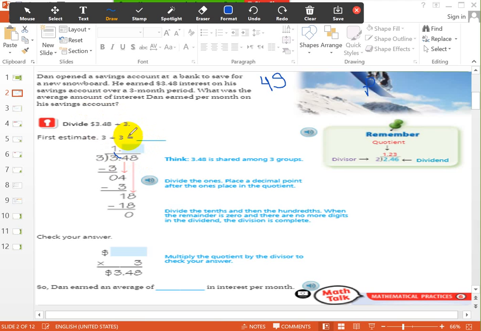So if you round 3.48, it will be 3. So 3 divided by 3 equals what? Equals 1. So the answer will be close to 1. If your answer is close to 1, that means your answer is correct. And also estimation will help me to know the first digit in the quotient.